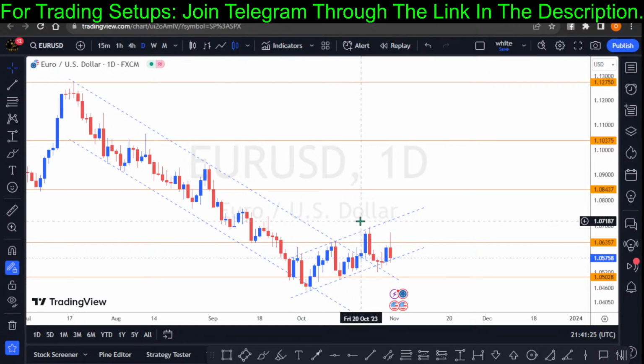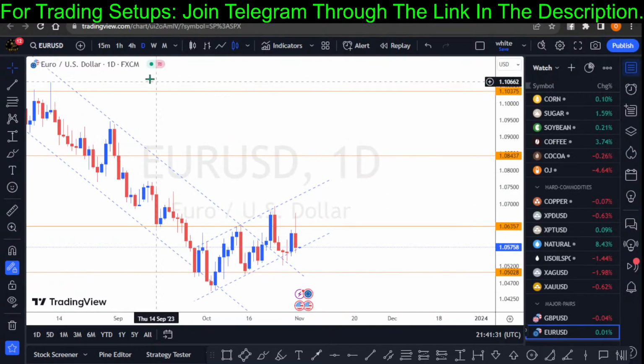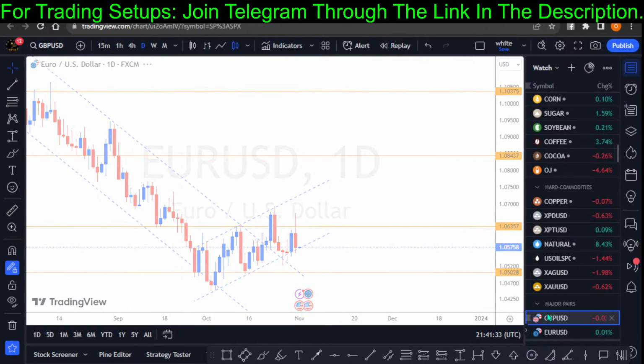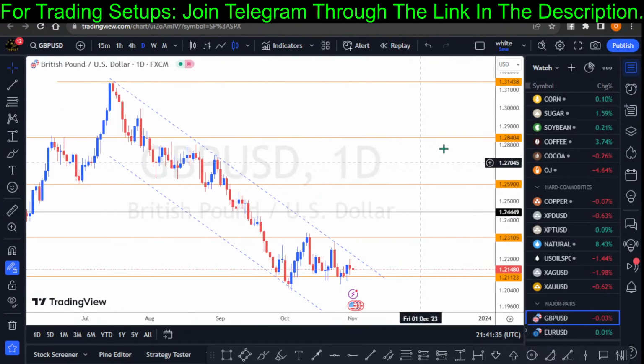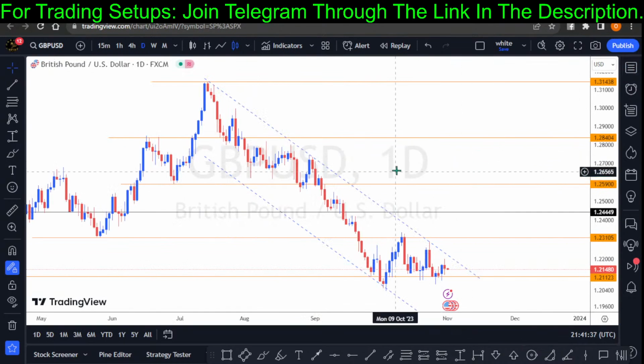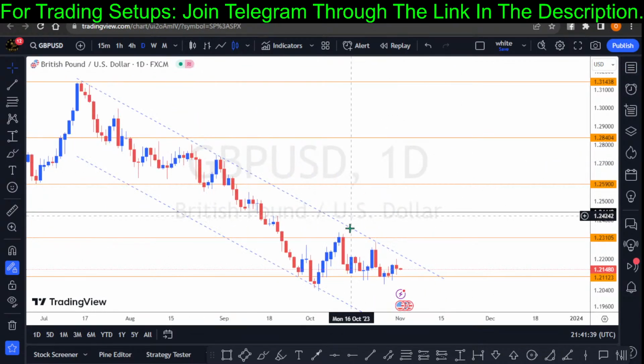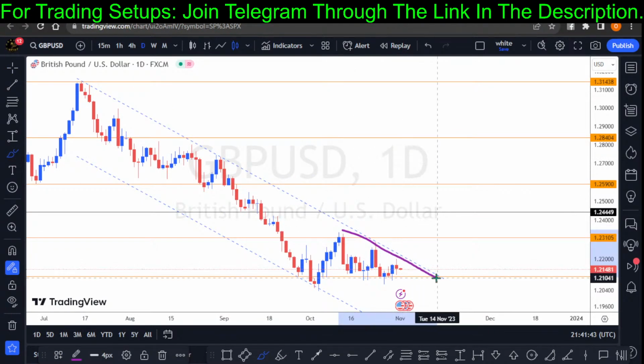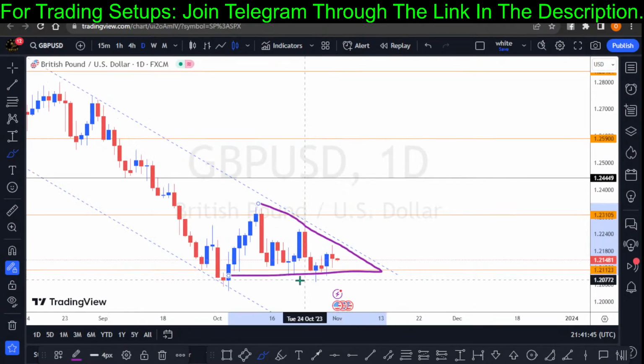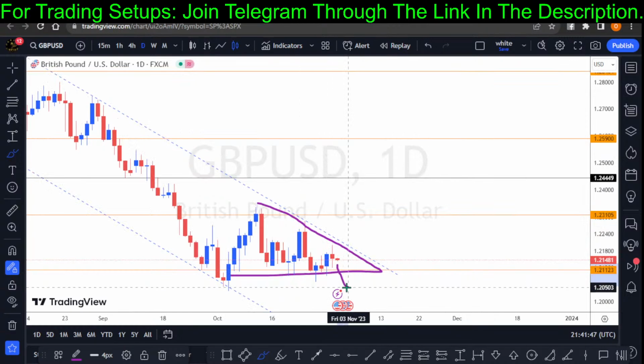Someone said this is Euro USD. Someone said GBP USD. Let's check what we have on GBP USD. The analysis on GBP USD is almost the same thing as your Euro USD. GBP USD as well is in a choppy market. You can see a descending trend line right here in a downtrend. Let's see if price is going to break this trend line for a further downtrend, or maybe price is going to break out.